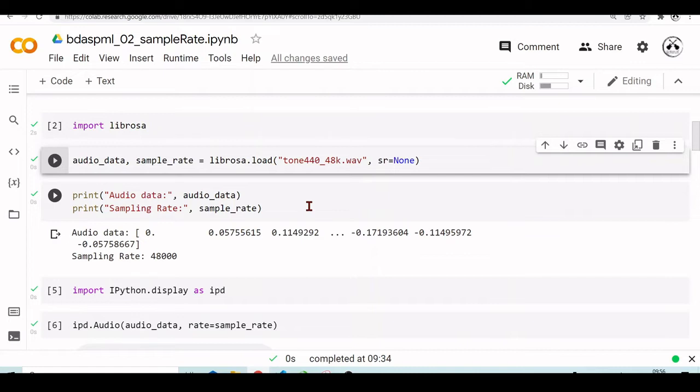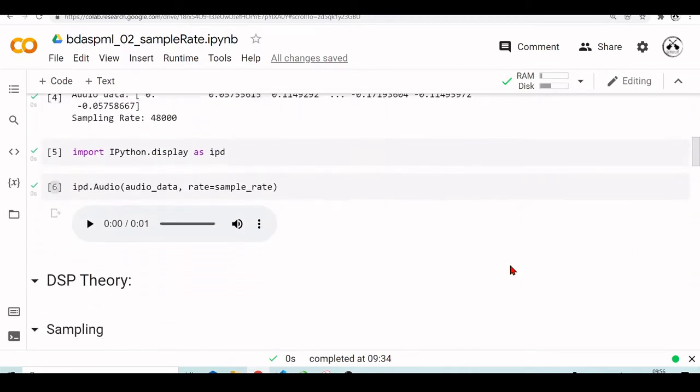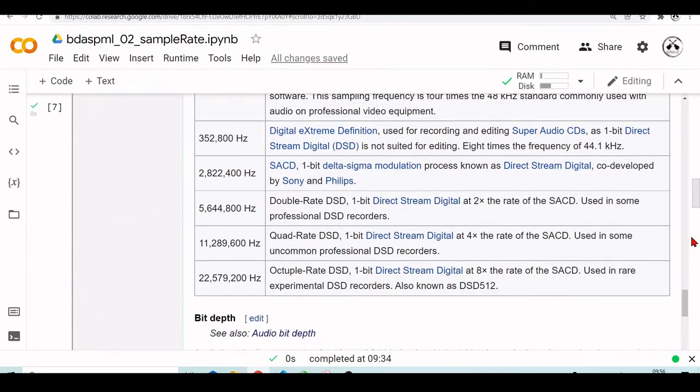Then it will normalize and map this range into from minus 1 to 1. This is special because we are using this function. It already does a lot of things for us, but we need to pay attention to the bit depth of our audio data.